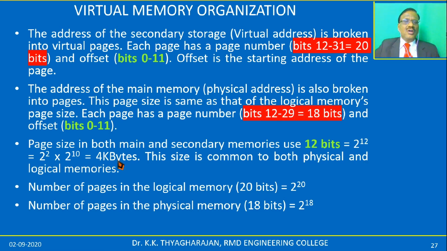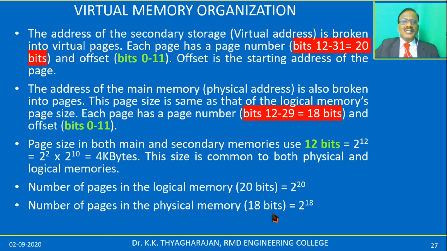Page size is common. Now consider the number of pages in the logical memory, not the page size. How many pages will be there? Since we are using 20 bits, you can have 2 power 20 pages. Similarly, in the case of physical memory, you will have 2 power 18 pages because it is using 18 bits.